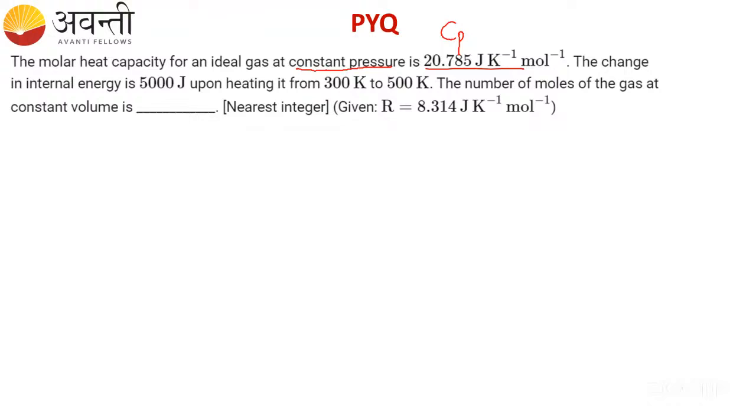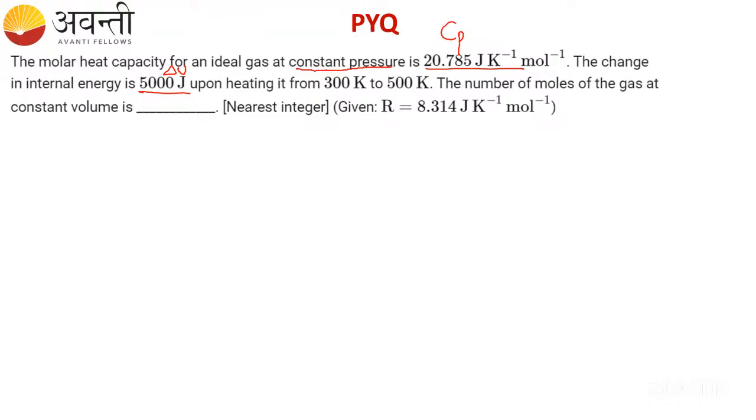Cp value is given. The change in internal energy, delta U, is also given as 5000 joule, upon heating it from 300 Kelvin to 500 Kelvin.